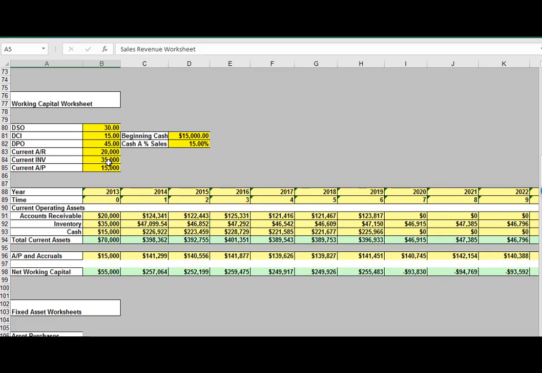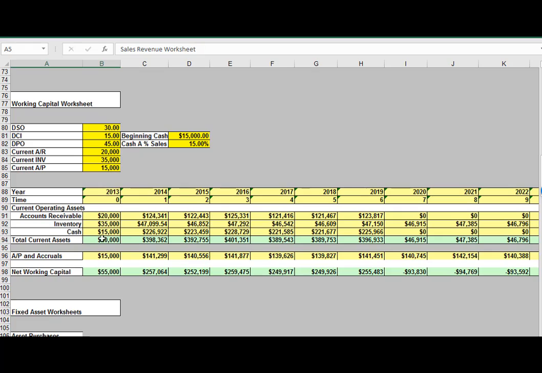So we know there's 20,000, 35, 15,000 is the current amounts.